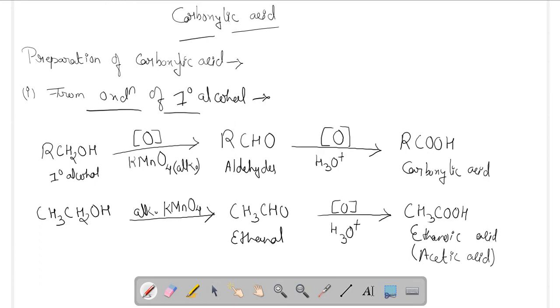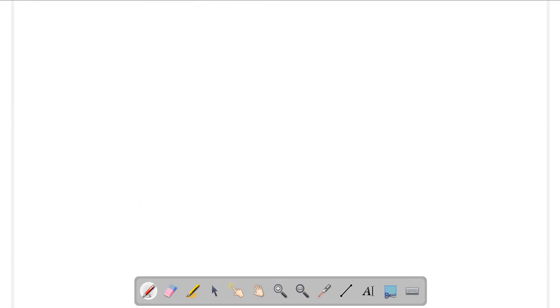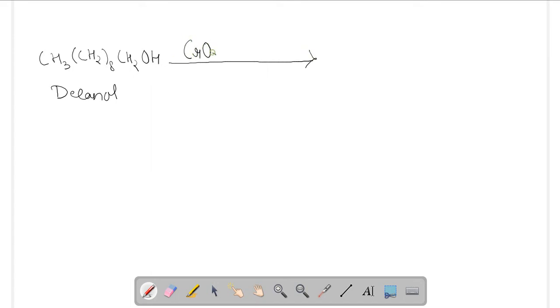Now if we want to produce very large molecules from primary alcohols, we can use decanol. Decanol's oxidation can be carried out in the presence of CrO3 and H2SO4 in aqueous solution. This particular reagent is known as Jones reagent.